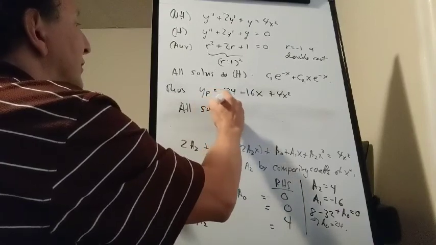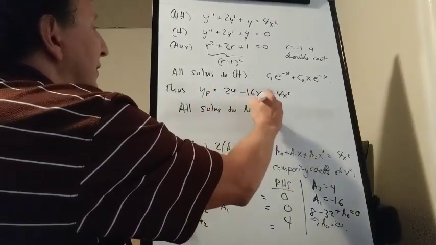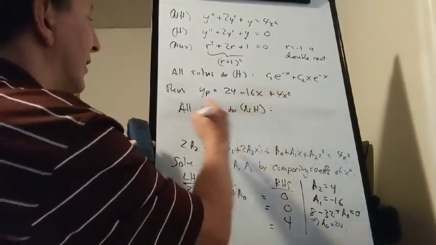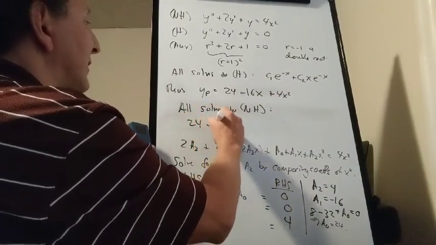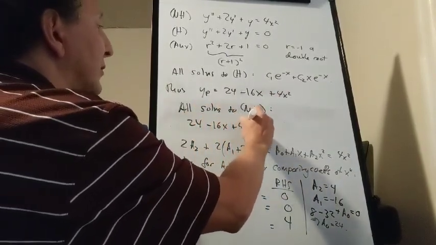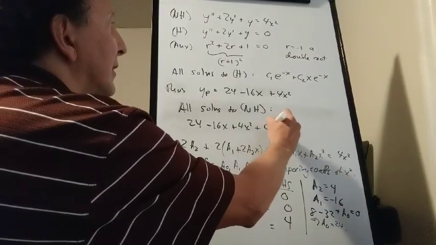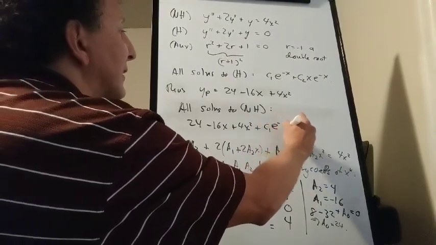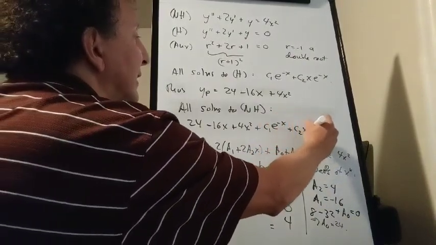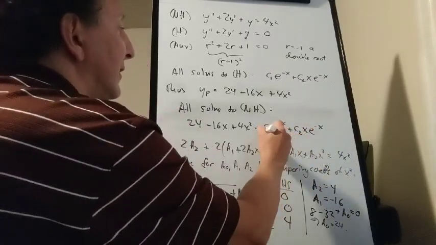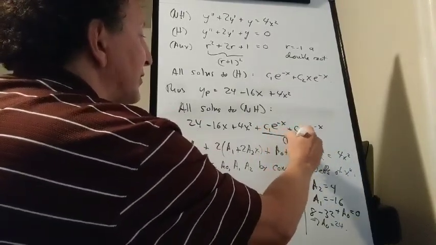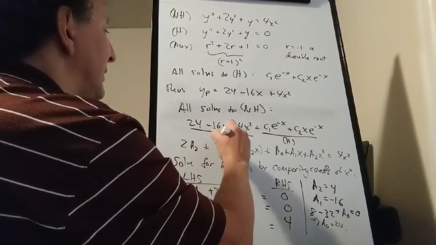And all solutions to the non-homogeneous equation are 24 minus 16x plus 4x squared plus any multiple of e to the negative x plus any multiple of x e to the negative x. So this comes from the homogeneous differential equation, and this is yp.